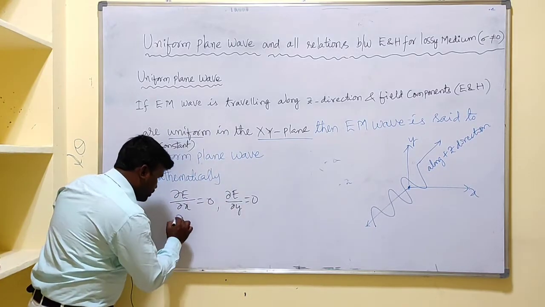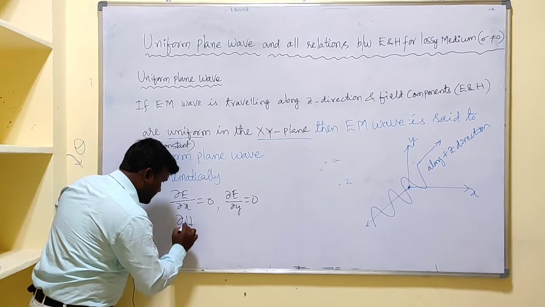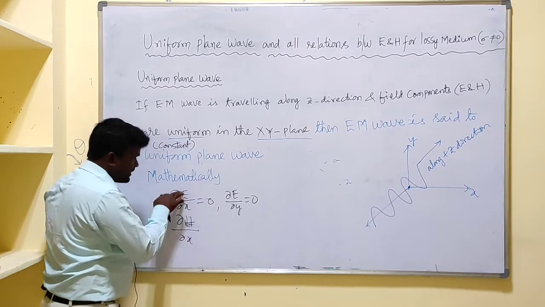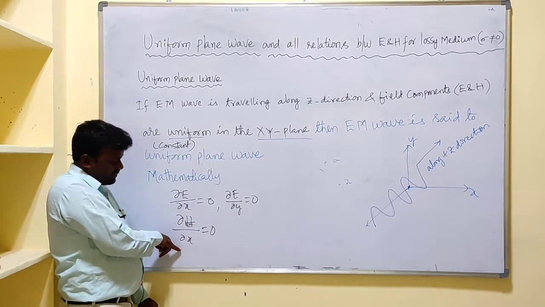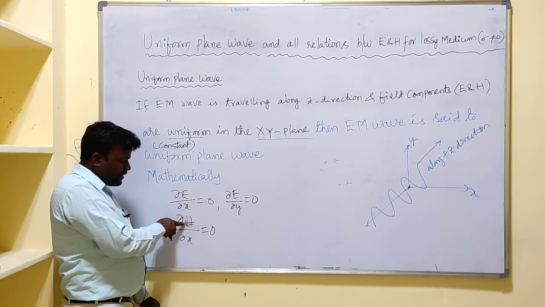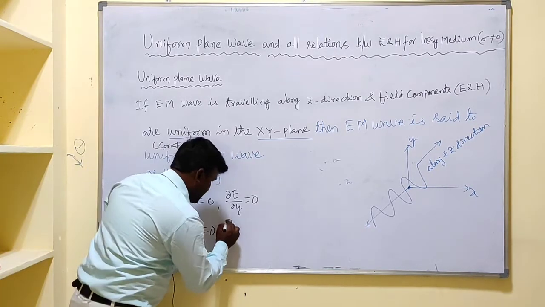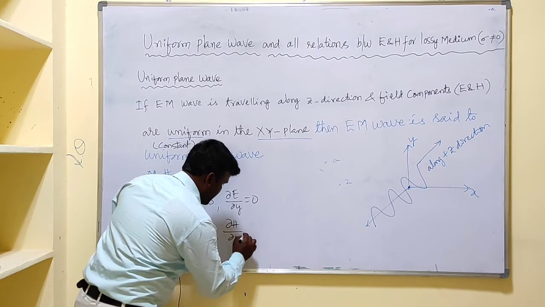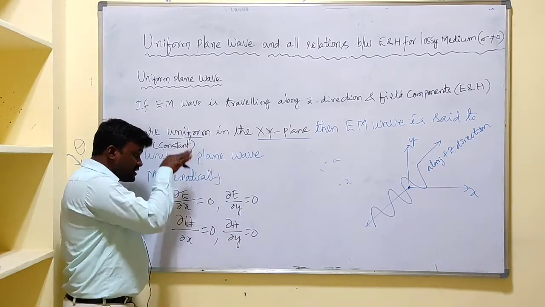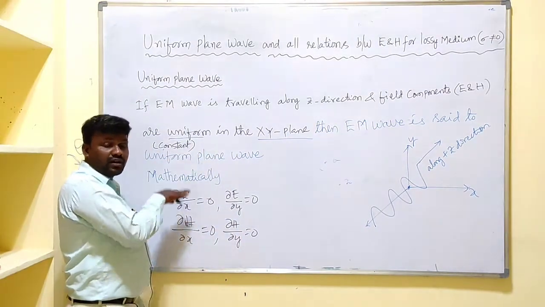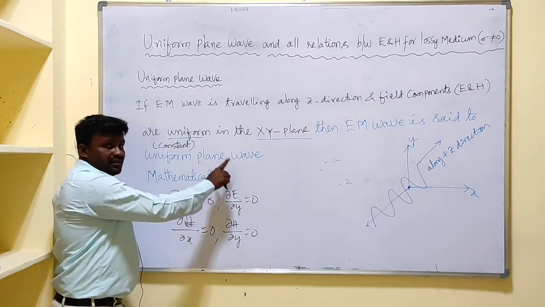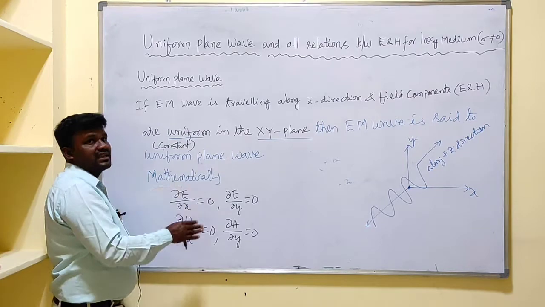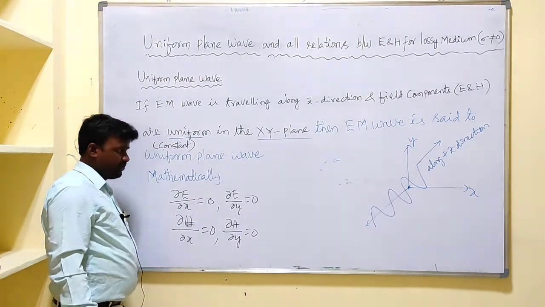Next, dou H by dou x, this is the other field component, and as it is uniform in the xy plane, there is no variation of H with respect to x. And next, dou H by dou y equal to 0, because these field components are uniform or constant in that xy plane.